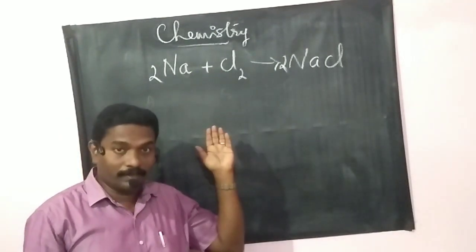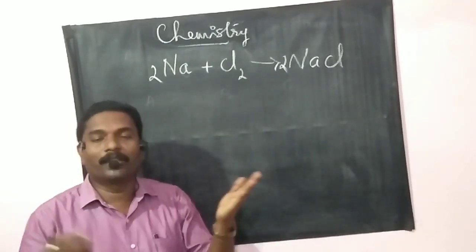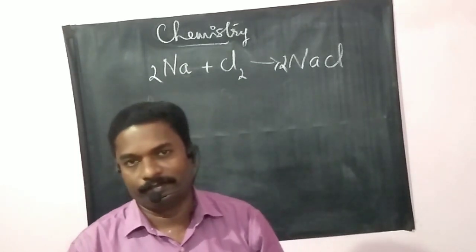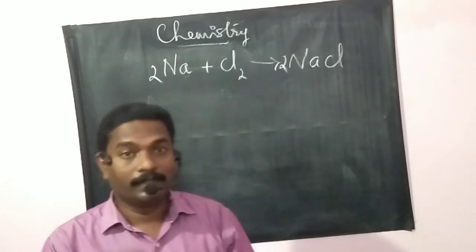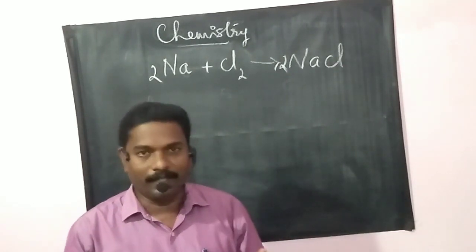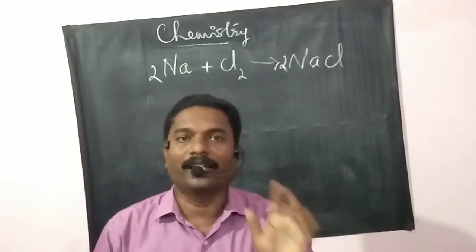Is there any oxygen here or any hydrogen here? No. Then how can we say this is a redox one? So in order to explain these types of redox reaction, let us study another concept regarding redox reaction.